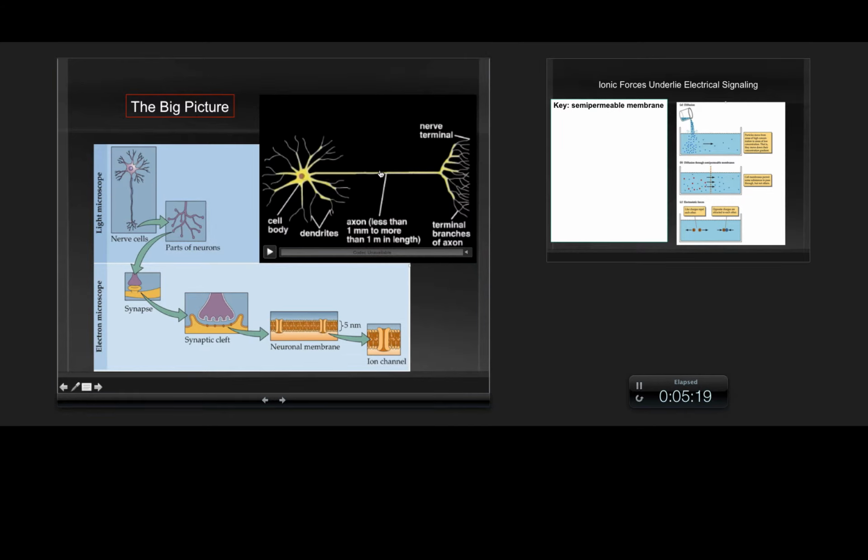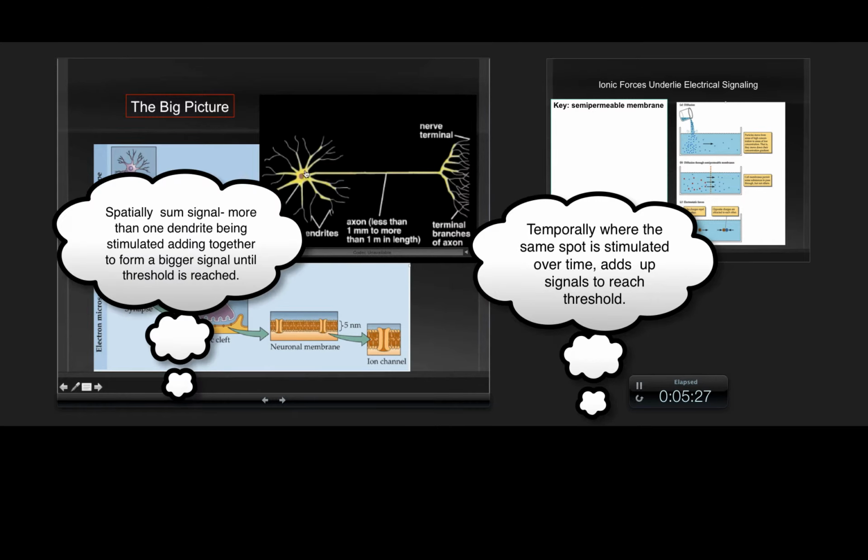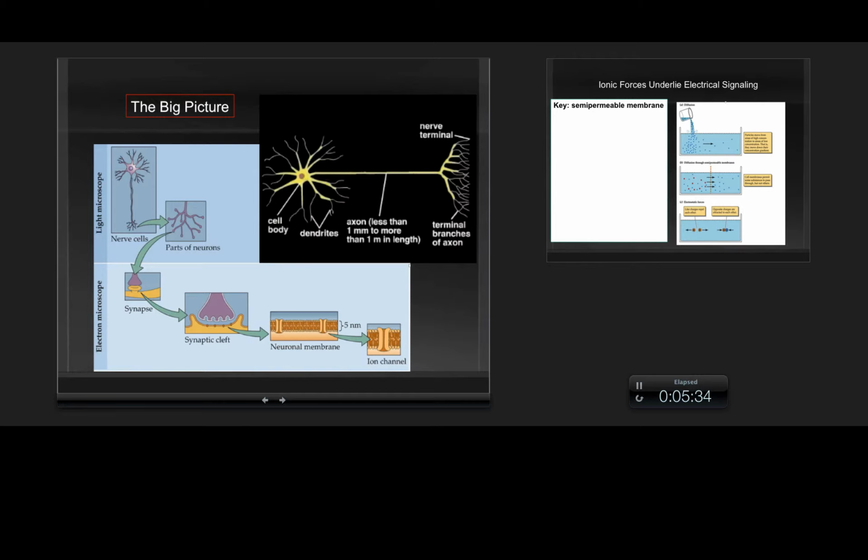Do you understand what I'm saying? So either the same spot gets activated over and over temporally, or multiple spots add up to give you threshold. Once you get to threshold, you reach action potential, and it gets propagated down. And we'll go into detail. There are different slides for that. Let's not get ahead of ourselves.